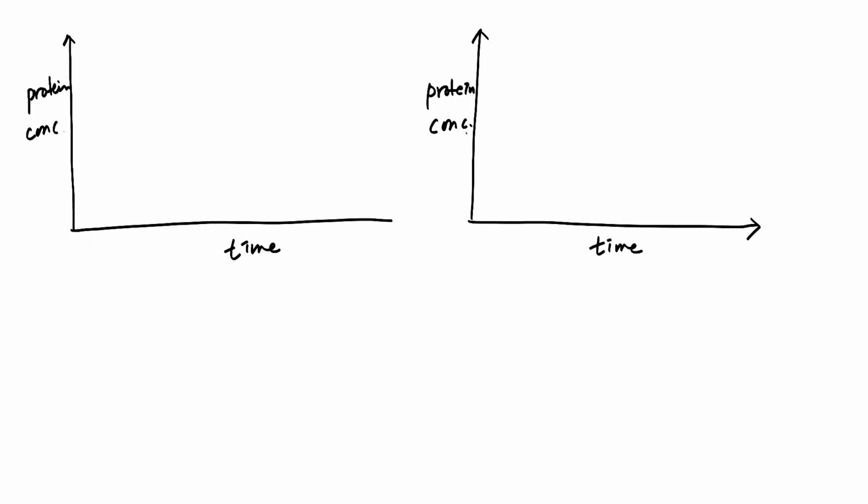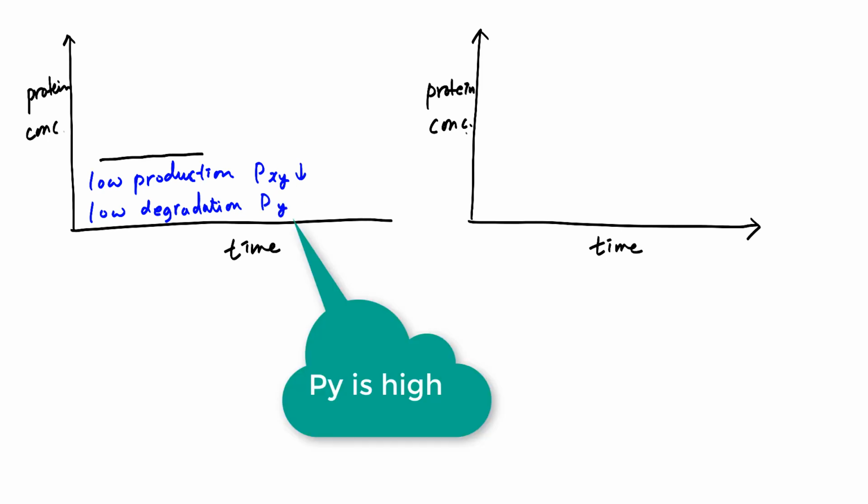So what can we achieve by co-modulating pxy and py, or production and degradation? Here we have low production and low degradation. In other words, this pxy value is low and py value is also low. Let's call this level 1. And let's say we want to go from level 1 to another level, which is level 2.